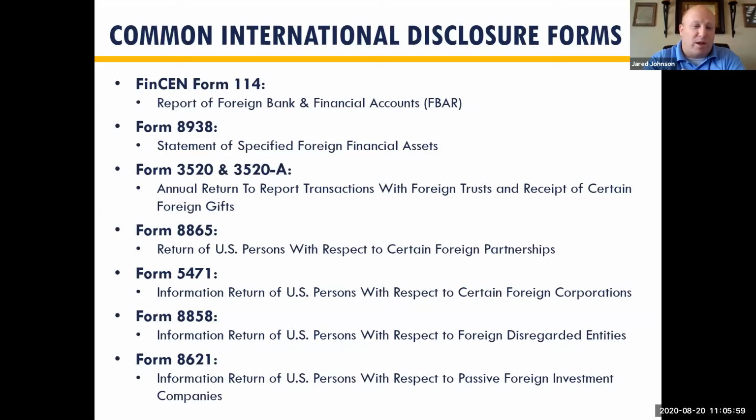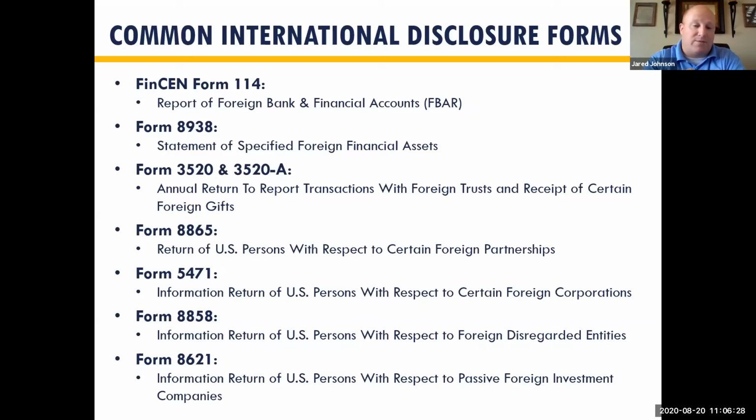3520 and 3520-A are for foreign trust reporting, foreign non-grantor and grantor trust reporting. There is the 8865, which is used for the reporting of foreign partnerships. 5471s, which are more and more common now, are for the reporting of foreign corporations. And 8858 is the reporting for disregarded entities.